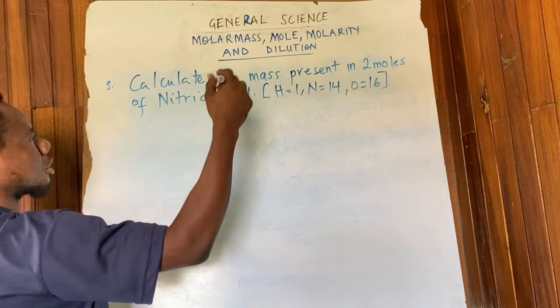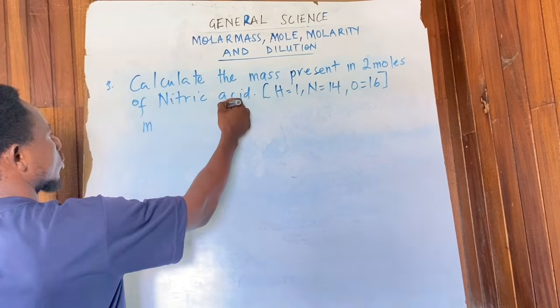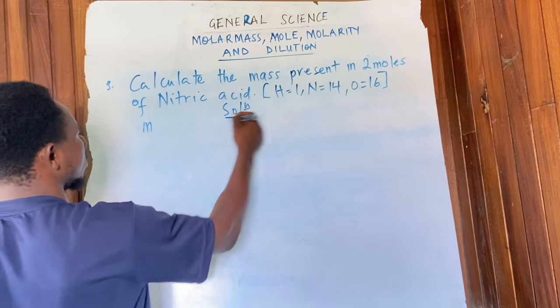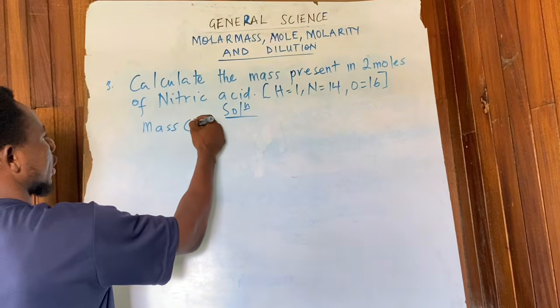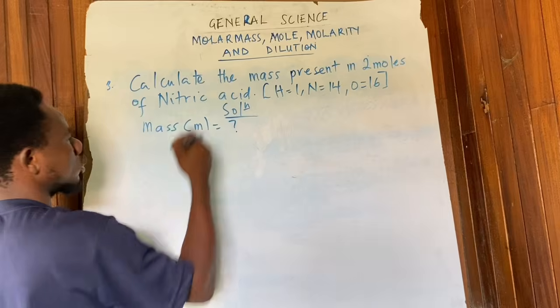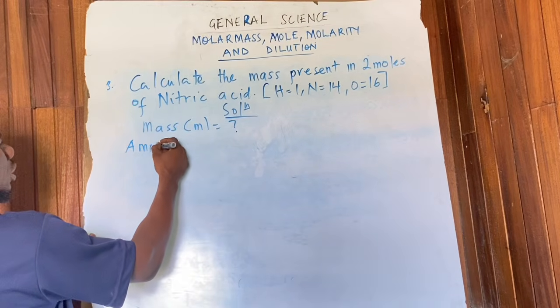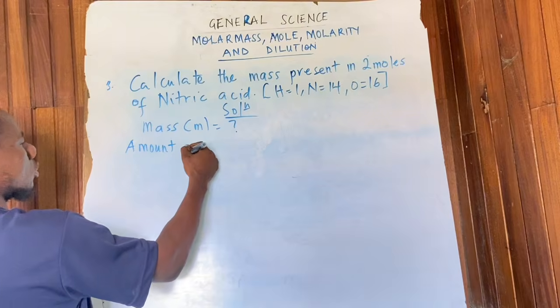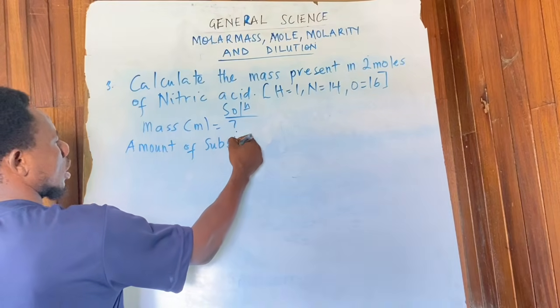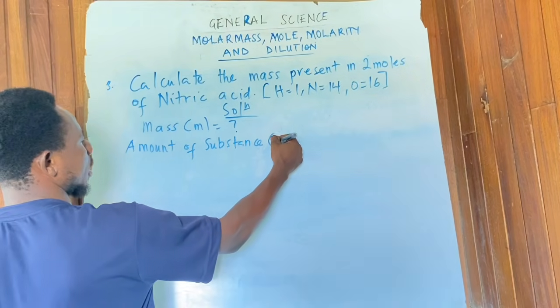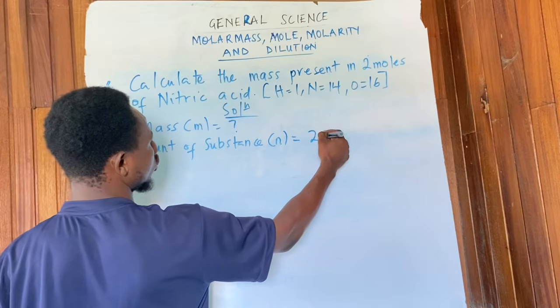So we have to calculate the mass. So solution, mass m, we don't know. Amount of substance was given, or the number of moles was given. Amount of substance n is 2 moles.